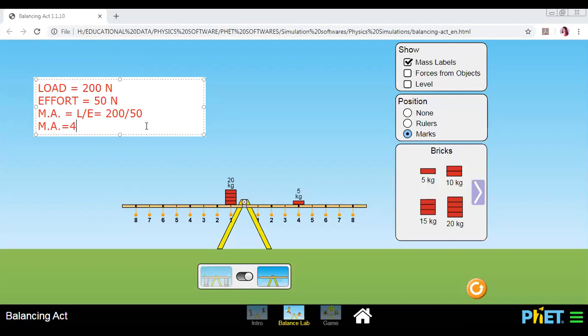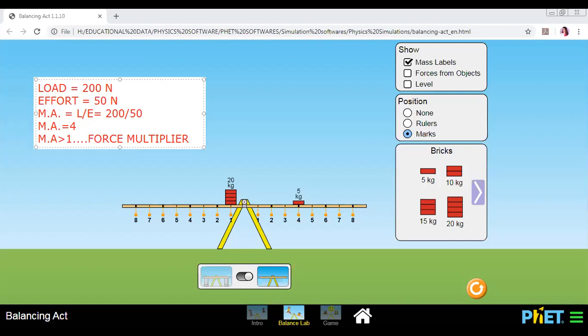Is it less than 1 or more than 1? You will find here your MA is greater than 1. So that's why this machine we are using is a force multiplier. Getting it, class?